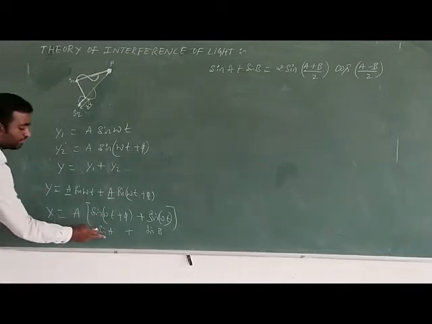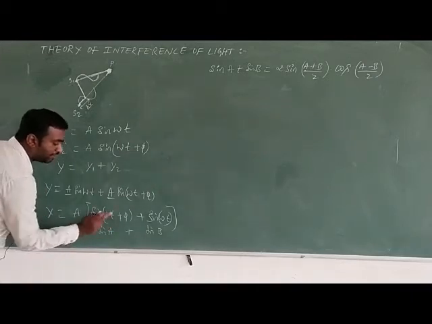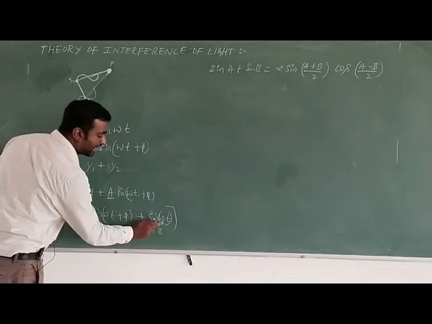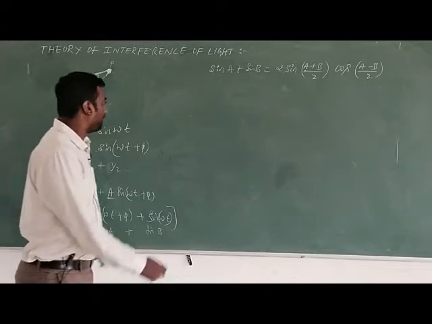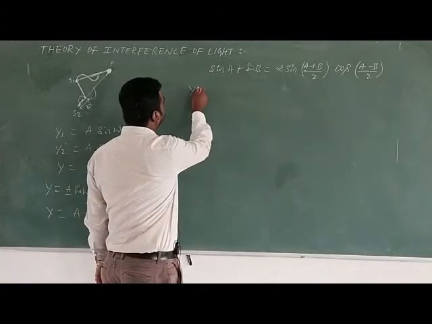So what is the value in the place of A? Omega t plus pi. In the place of B, what is there? Omega t. Now substitute these values in this formula and we get the resultant displacement.